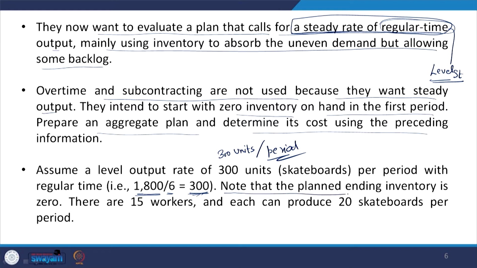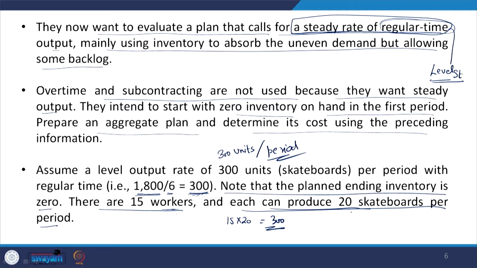Now, given that the plan ending inventory is 0, there are 15 workers and each can produce 20 skateboards per period. 15 into 20 makes 300.